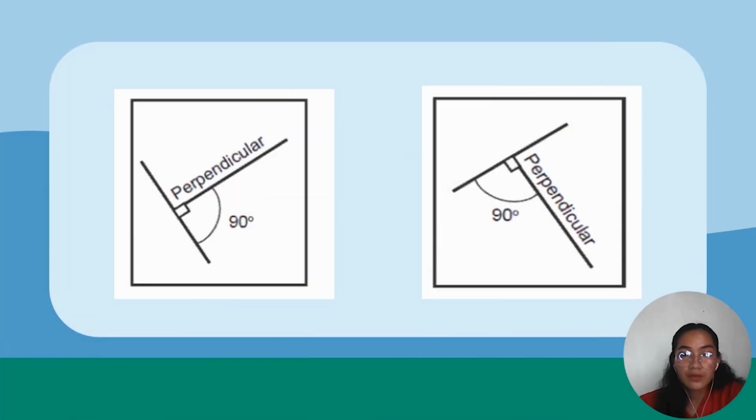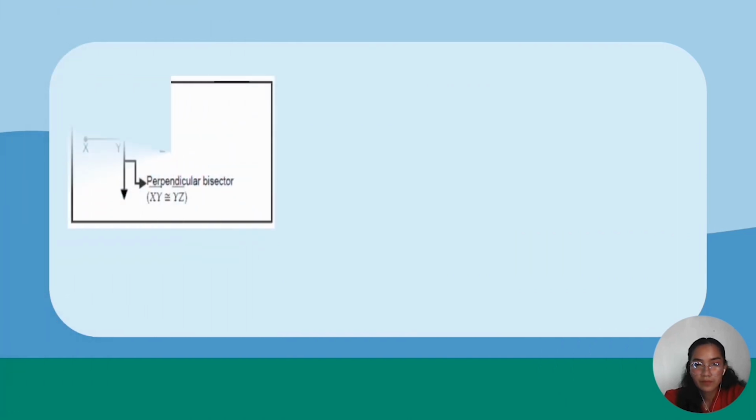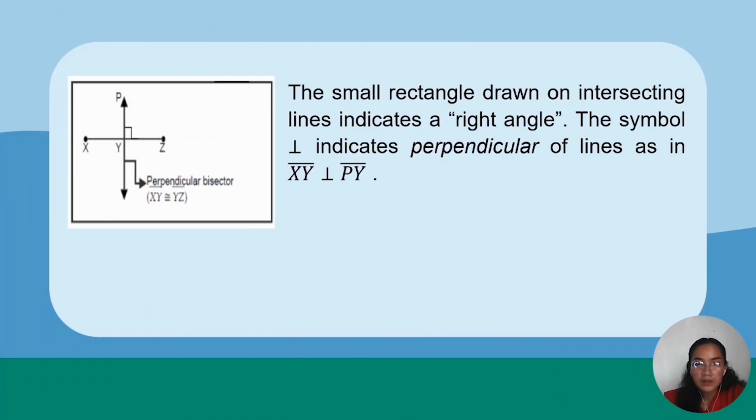You can see we have here two lines that intersect at a right angle, which is 90 degrees. This is the first line. We can name this line A, and this second line is line B. So it means that this line and this one are perpendicular lines. Let's have another illustration. The small rectangle drawn on the intersecting lines indicates a right angle.